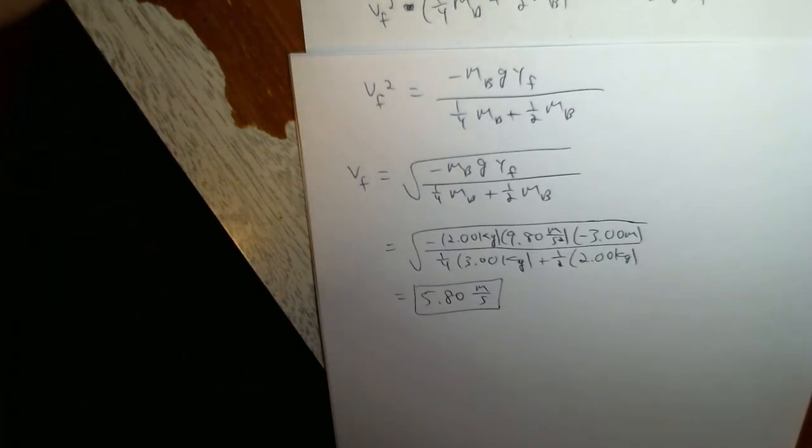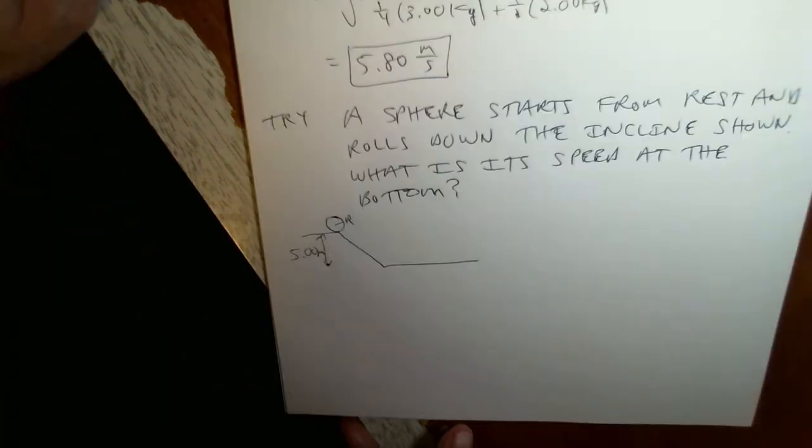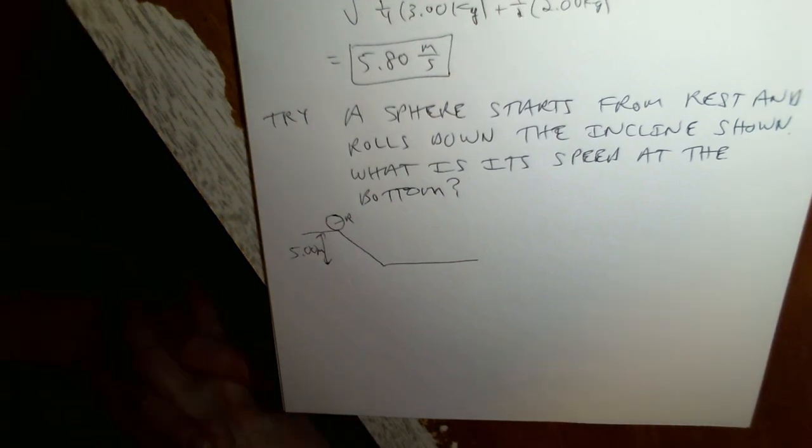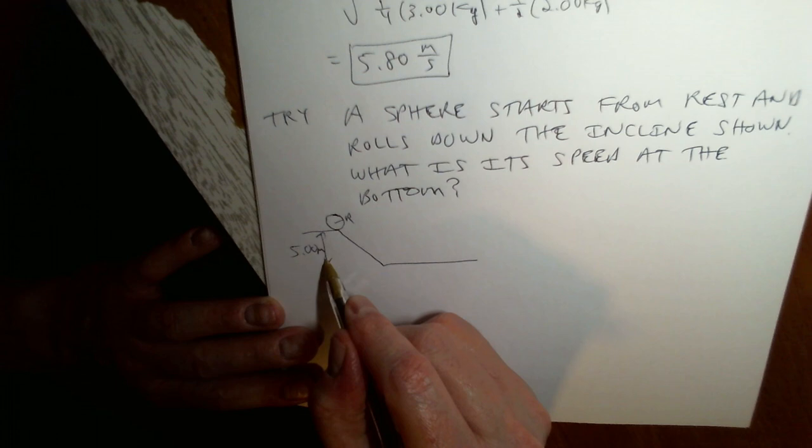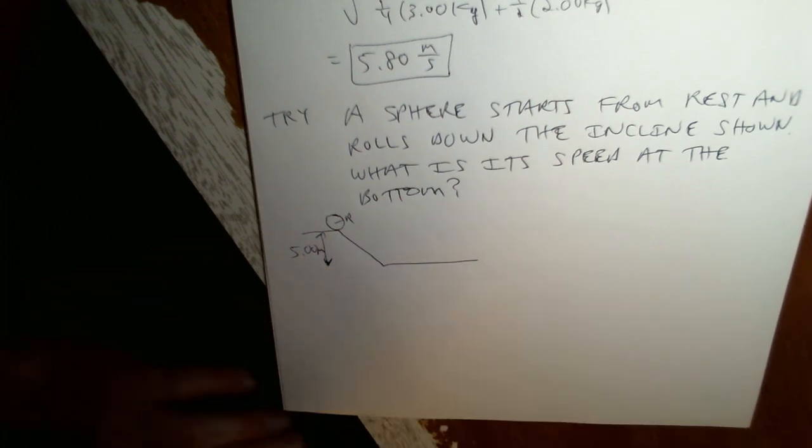So let me write down a problem for you to try. And here's the problem. It's a sphere that starts from rest and rolls down the incline shown that's 5 meters high, like that. And what is its speed at the bottom?